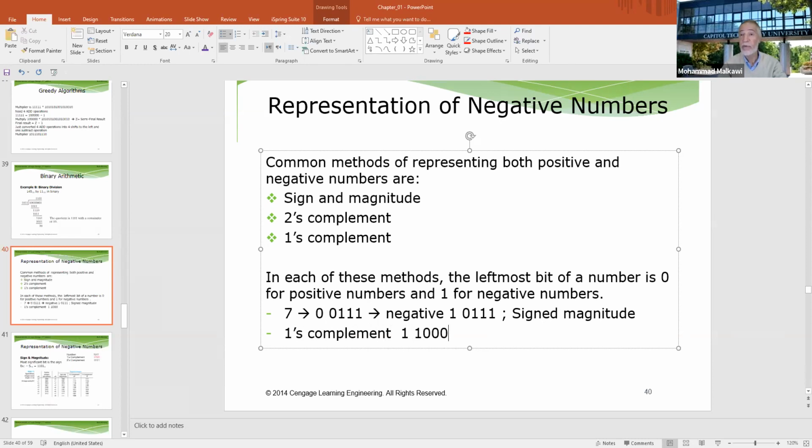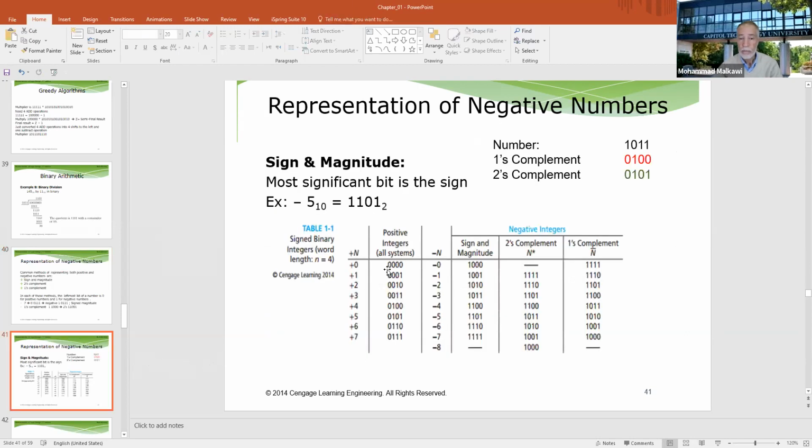I have now a total of 5 bits here, the 4 bits are the sign magnitude and the 0 is the sign. And the 2's complement is going to be 1, 1, 0, 0, 1. I'll show that in a second. So those are the numbers here. Most significant bit is the sign here. And this is minus 5.